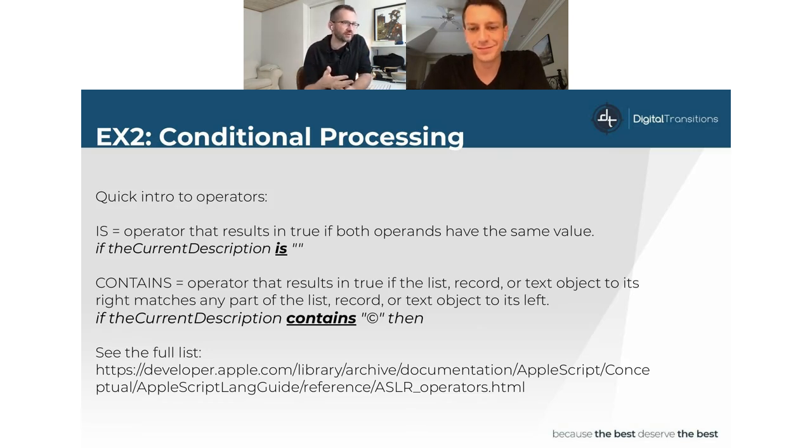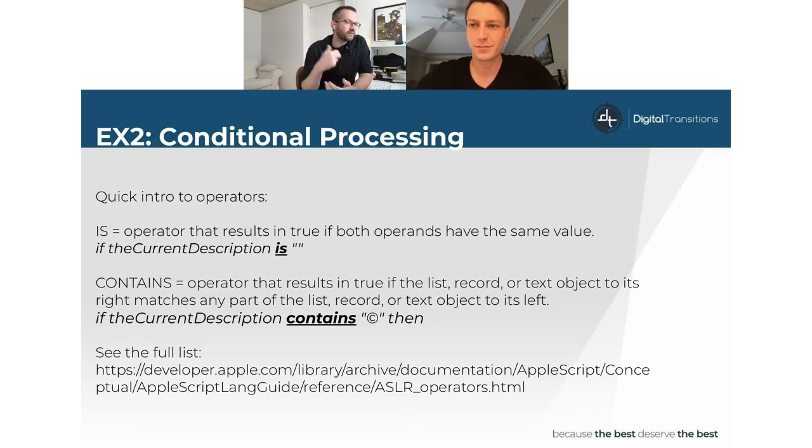So looking at our example above, if the current description is empty, so if those things are true, then the code will execute. Now the contains, very literal and kind of similar to English, is used to see if the first thing is anywhere in the second thing. In our case, if the current description contains a copyright symbol, and again, if the character is anywhere in the string, then of course the statement equates to true and the code will execute.